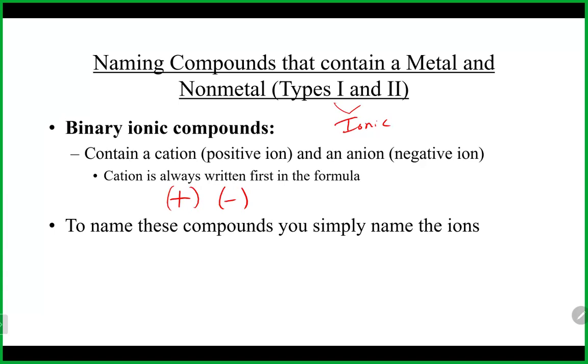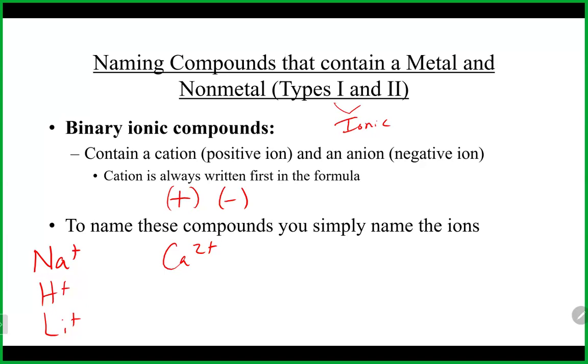To name these compounds, we simply use the names of ions. So for example, if we had something like Na+, H+, Li+, Ca2+. When we have any of these positive ions by themselves, first off, if you're asked to write the formula for an ion, it does need to contain the charges.